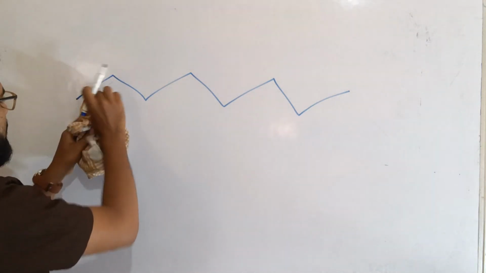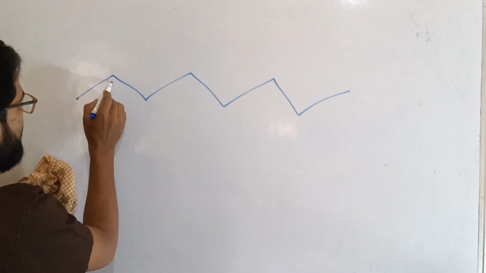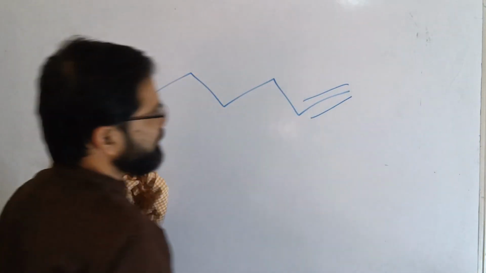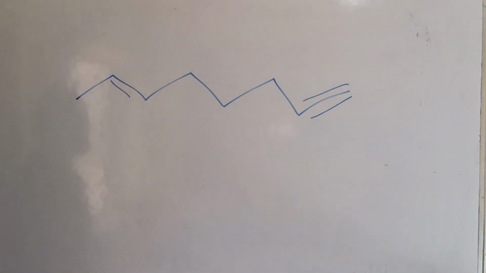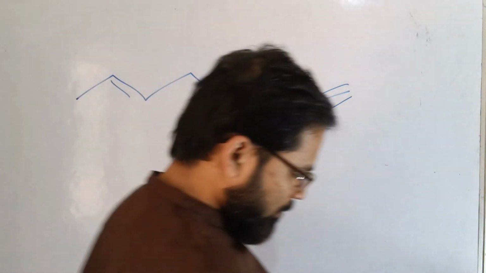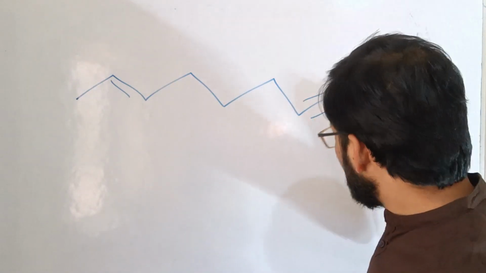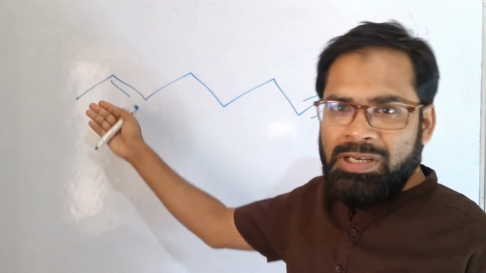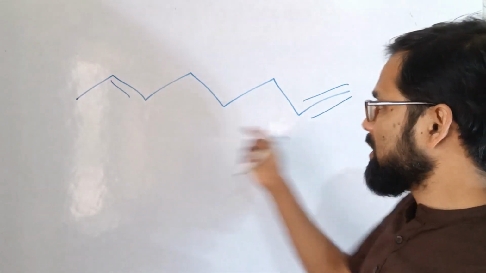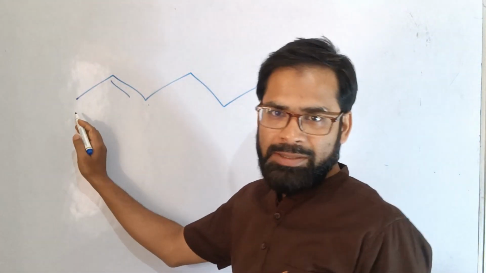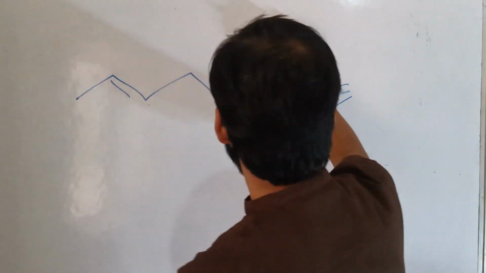Let's see here: a double bond and here a triple bond. First, there is no branching, no substituent. So this will be the longest chain. First we have to count how many carbons there are. 1, 2, 3, 4, 5, 6, 7, 8 carbon. That's 8 carbon.